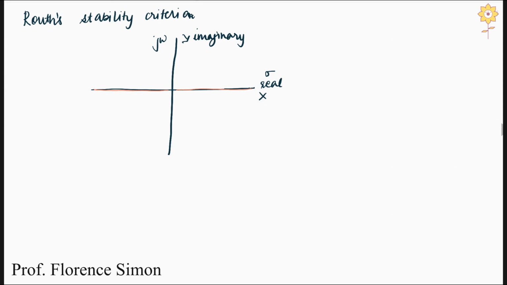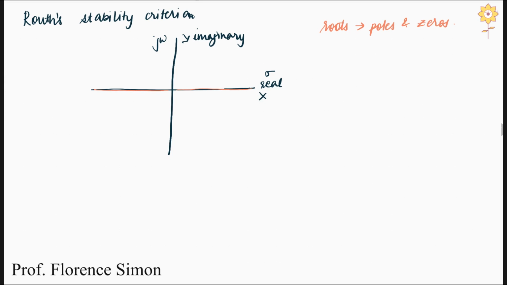We know that a transfer function will have poles and zeros. It will indicate the system's poles and zeros, and that is nothing but the roots, right. So, roots are nothing but a combination of poles and zeros, right.